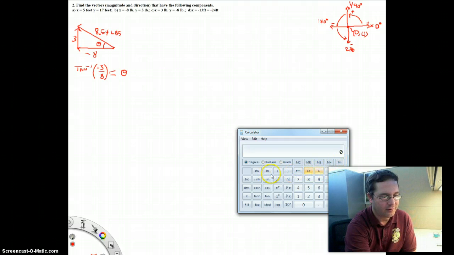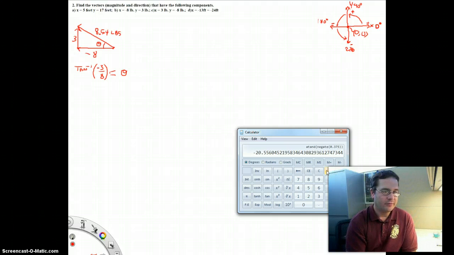That was the log natural that I hit, that L looked like an I. The inverse function of tangent. So there we go, let's try this again. 3 divided by 8, make it negative, inverse function, take the arctangent of that, and there you see the number of degrees associated with that arctangent.